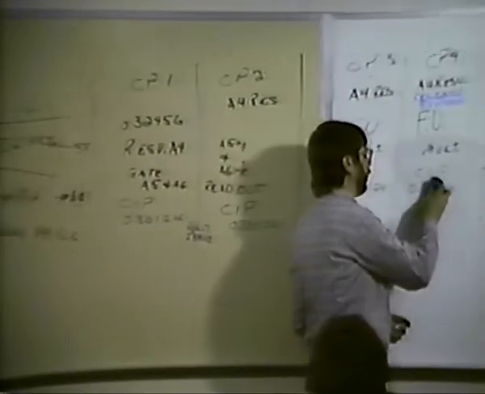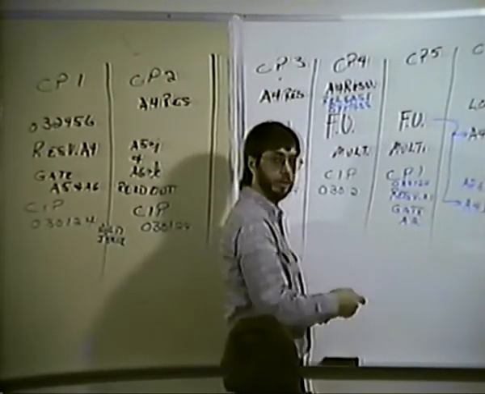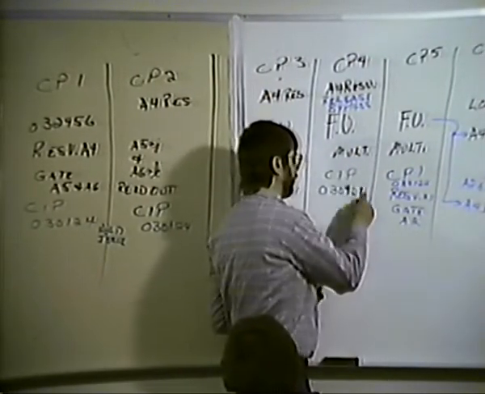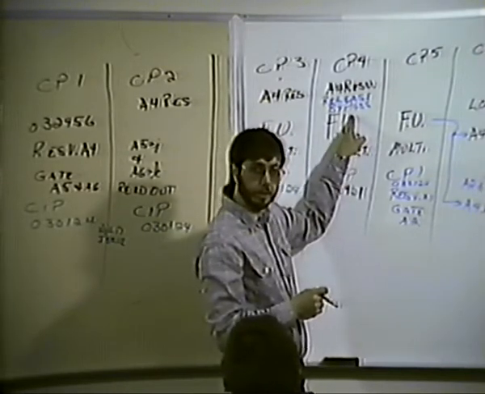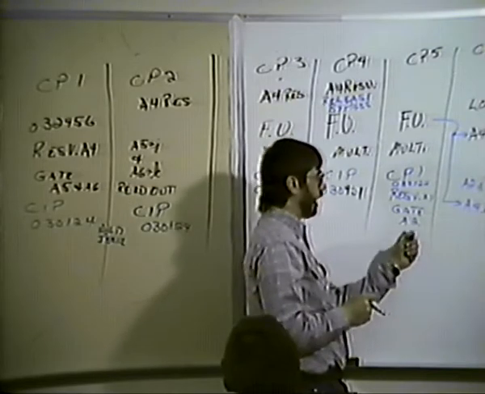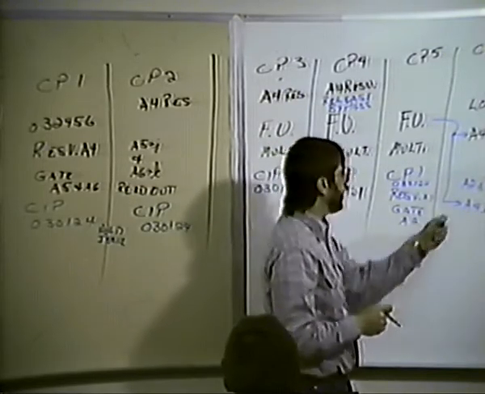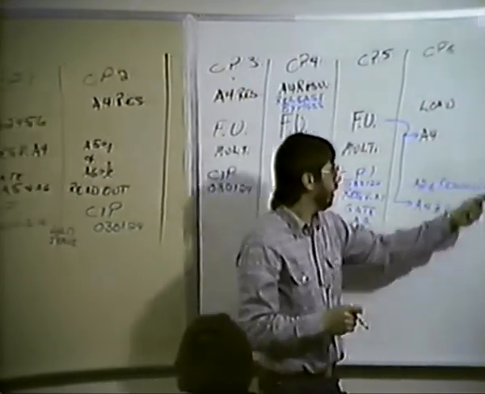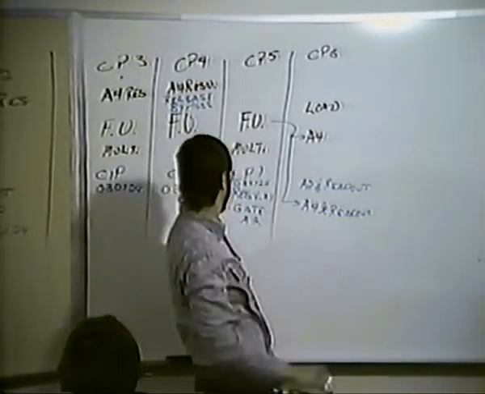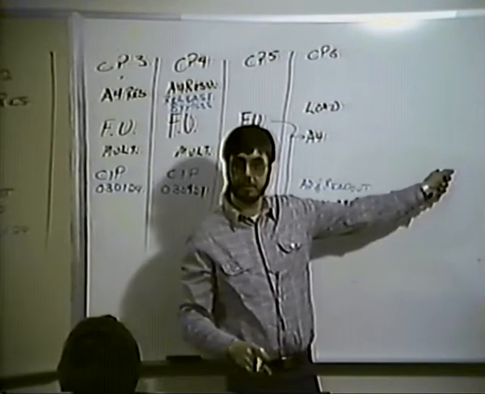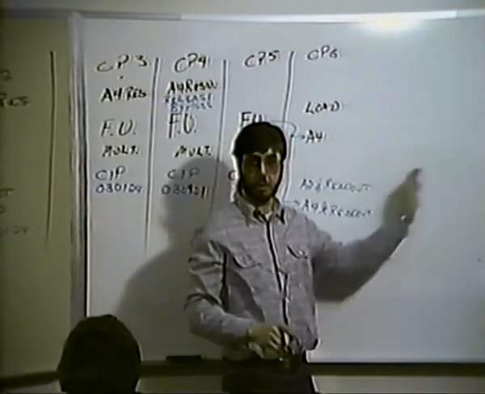So it's 4 and 1, like this. Yeah, that would still work. It would still release here. Now we gate A1 and A2 off. A2 and A1 would be in the readout. The next clock period we do the add. The next clock period we load A4.